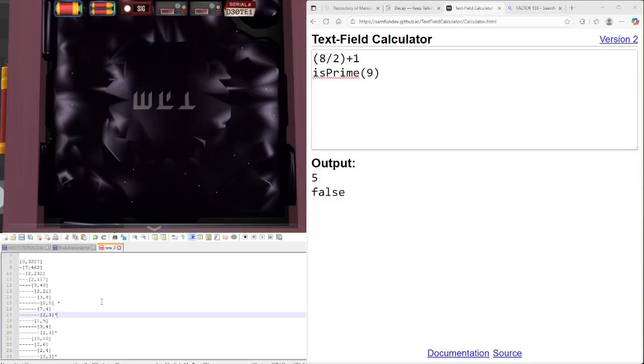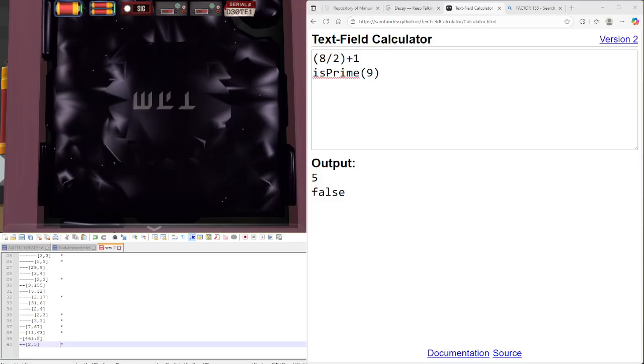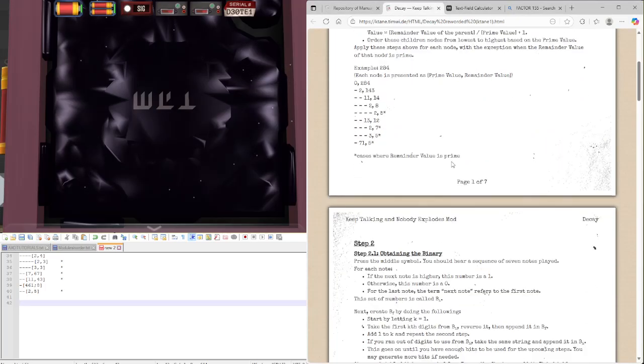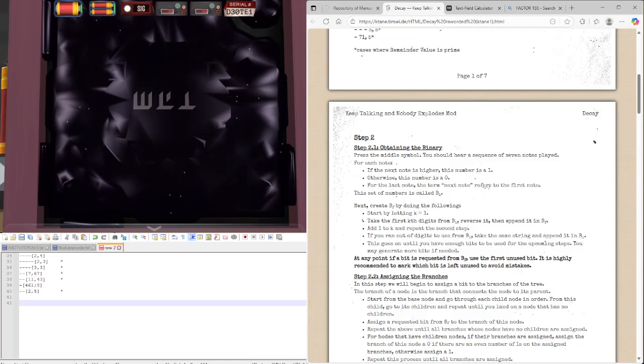So remember in the tutorial they say to line up each of these. Hoping I haven't missed any of them. We now need to get this is higher, this number is 1.